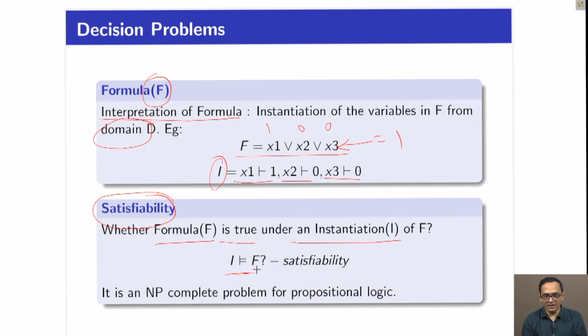So, if it is satisfied, I will say I satisfies f, and if the interpretation does not satisfy, I will say the interpretation does not satisfy f. So, given a formula, I have to identify the interpretation, and you can have many interpretations, right. I have to find one of the interpretations under which the formula becomes true, then I will say the formula is satisfiable. So, that is the satisfiability problem.